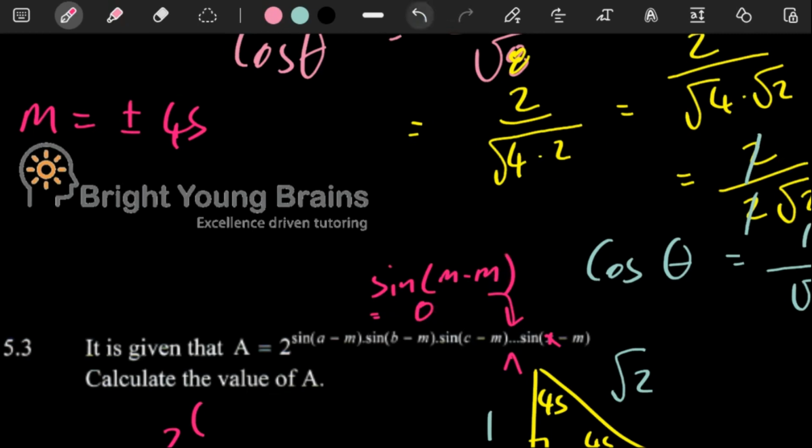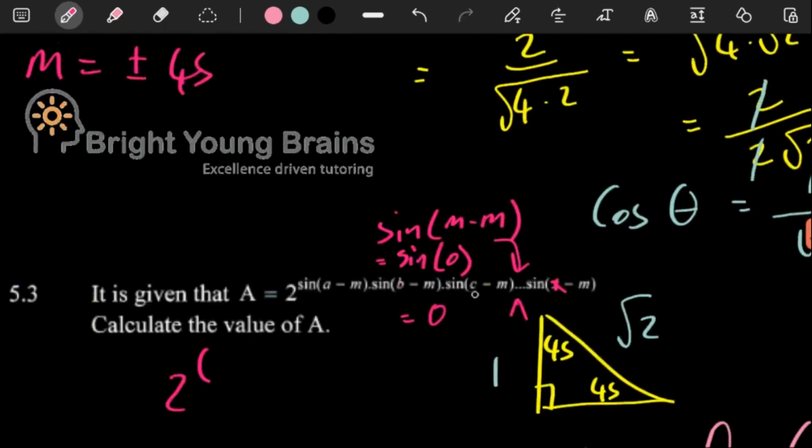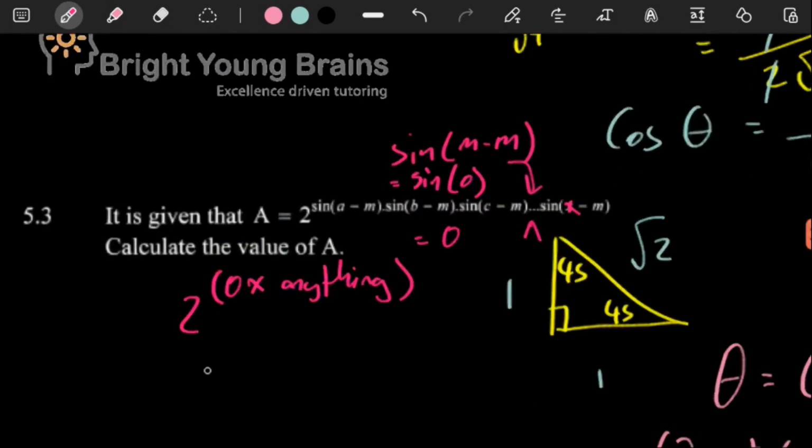So as long as you have sine 0 somewhere, you're going to be saying 0 times everything. So it's still always going to be a 0. It doesn't matter. So the final answer here is a 1.